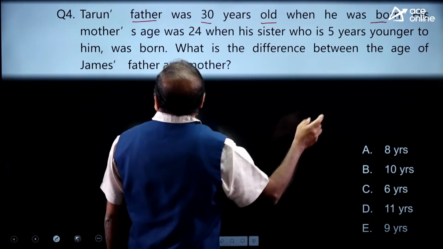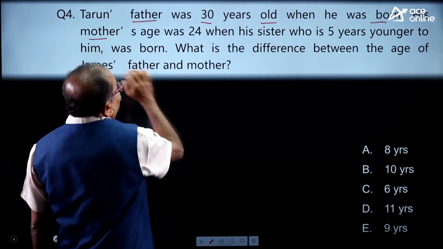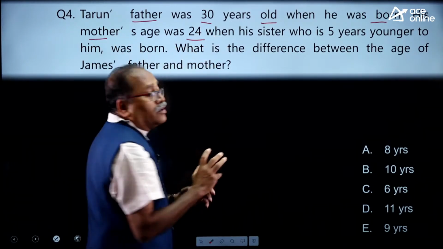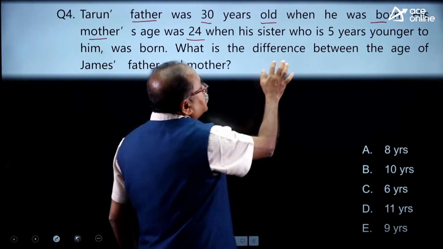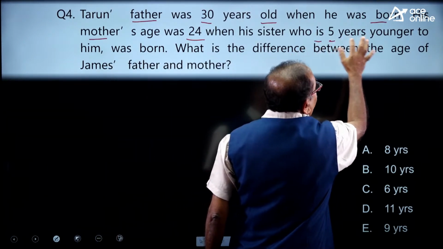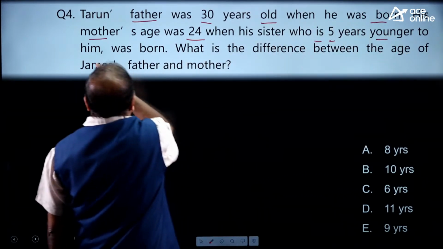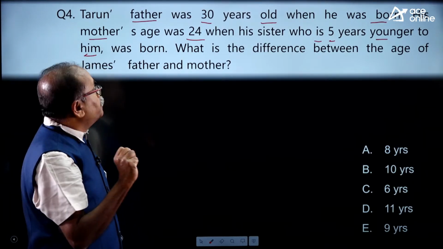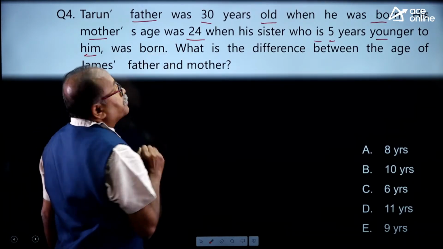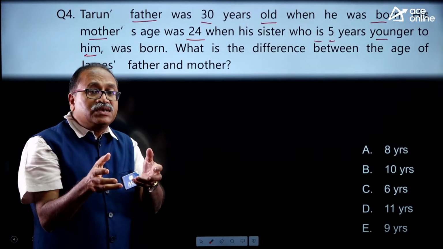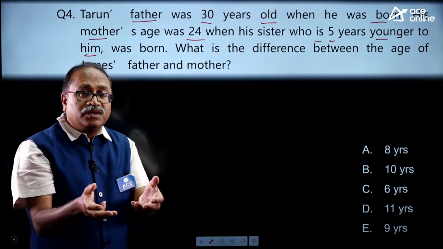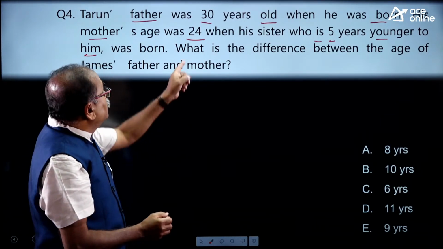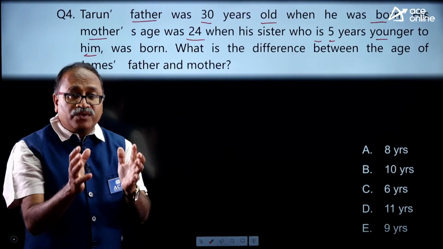The next one, his mother's age is 24 when the sister, who is 5 years younger to Tarun, was born. That means when the sister was born, the sister's age was 0, the mother's age was 24 years.